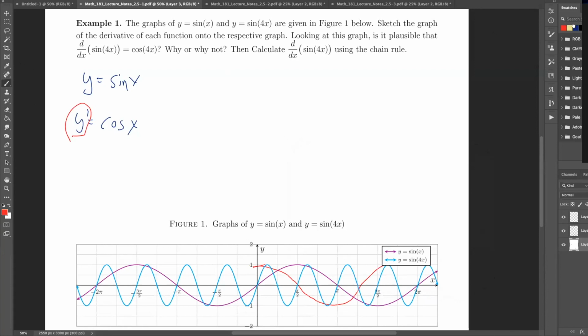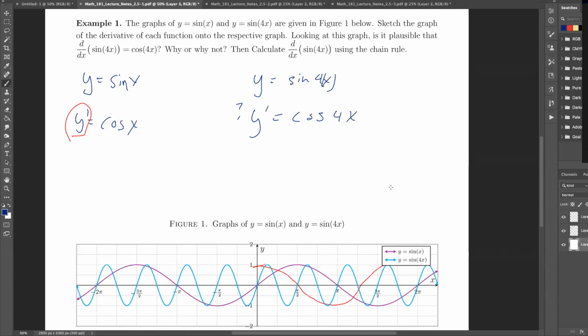Now let's look at the sine of 4x. Let me go back to my blue. Here I have sine of 4x. The question is, is the derivative equal to cosine of 4x? Well, sure, it runs through cosine and follows the same pattern.